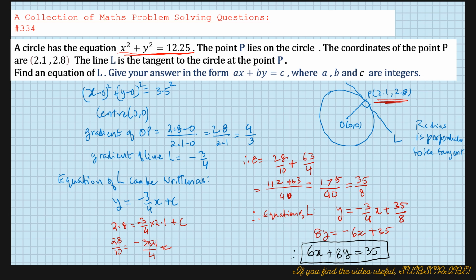So that would be the equation of the line L, where a, b, and c are integers. So a is 6, b is 8, and c is 35. So this is 6x + 8y = 35.